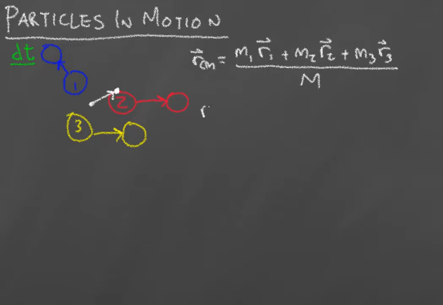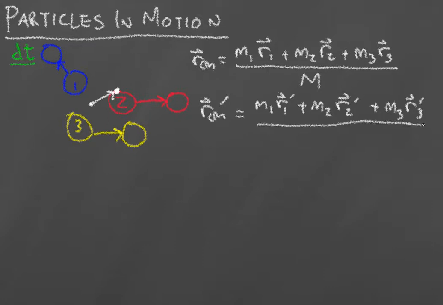So our new center of mass, which we'll call R prime, is going to be equal to mass 1 times its new position plus mass 2 times its new position plus mass 3 times its new position, once again divided by the sum of the masses.